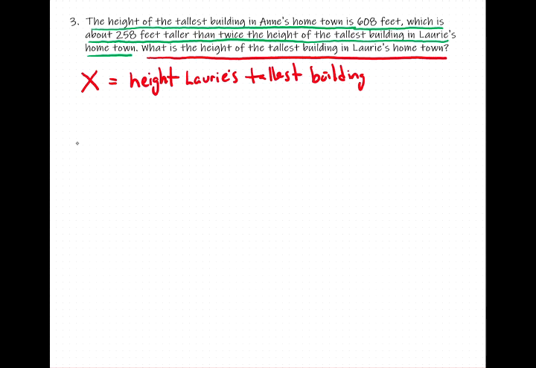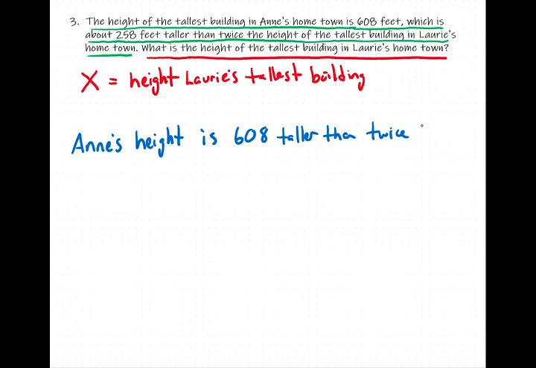So to simplify that, we could say Anne's height is 258 taller than twice Laurie's height.